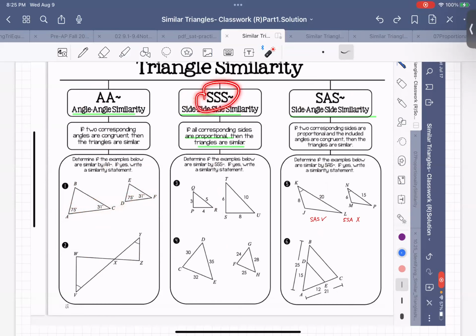The next one, SSS, you show 2 triangles whose 3 side ratios are equal. And the last one, you mark the angle congruent, and then you mark the 2 side ratios equal. Okay, show me a graph like this.